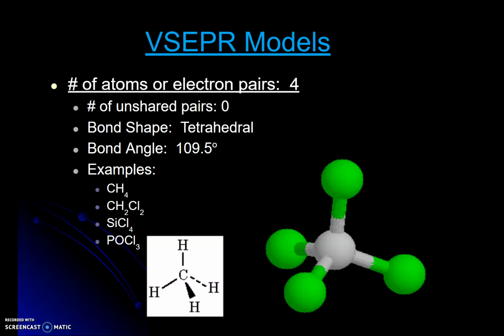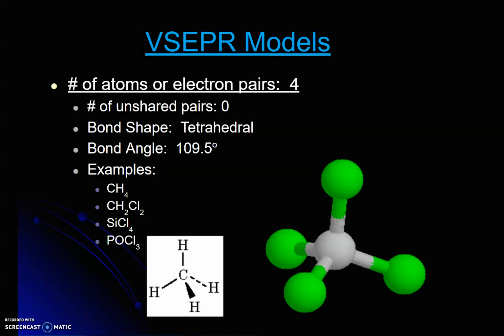Okay? The steric number of 4 is going to have a tetrahedral shape, and that's a bond angle of 109.5 degrees. You'll see this little wedge means coming towards you, and this little dash means going away from you to show that it is actually three-dimensional.